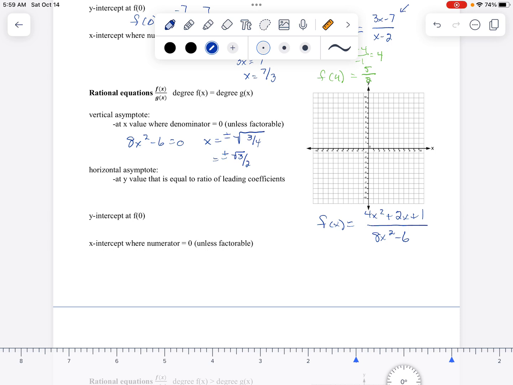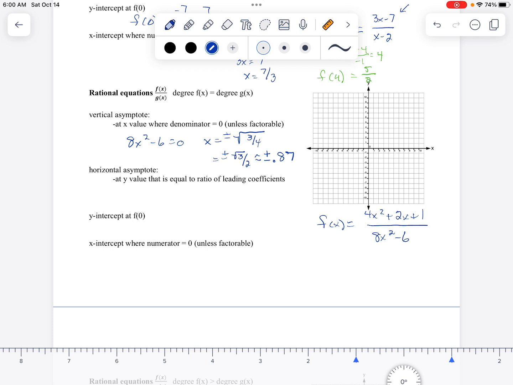And then, of course, for graphing purposes, I'm plugging it into my calculator right now. Square root of 3 is about 1.7. Divided by 2, you get about 0.87. So plus or minus 0.87. So that's where my vertical asymptotes are.